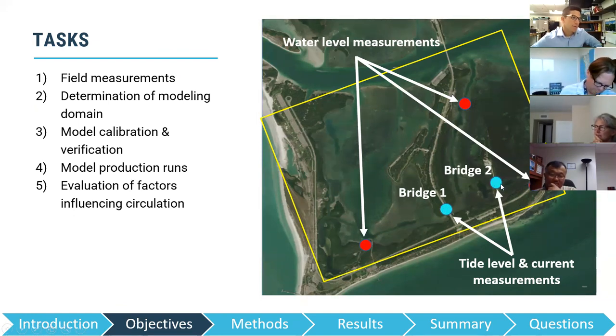We put them at the bridge openings because that was the area where we were looking for some sort of response. The tide level gauges, we stuck way out here, closer to the boundary of our modeling domain. When you put them closer to the boundary of your modeling domain, you get a more efficient tidal forcing. That's why we stuck them way out here. So that's the location: 1 tide gauge, 2 and 3, and then those 2 velocity meters.